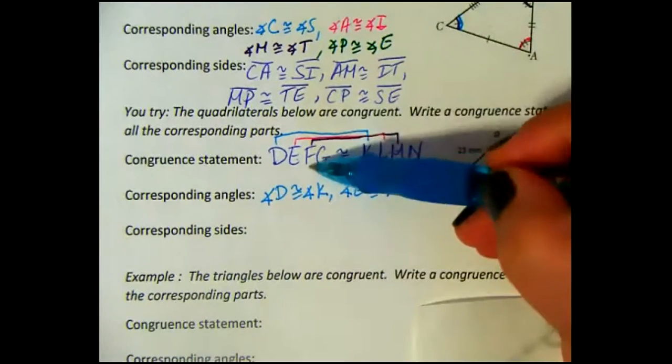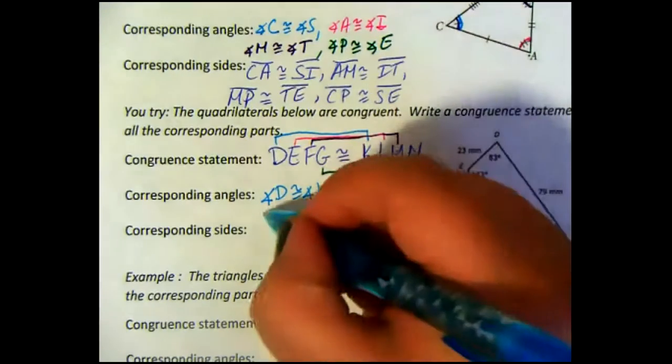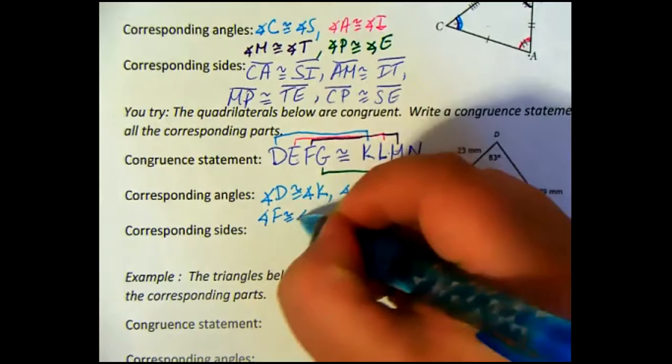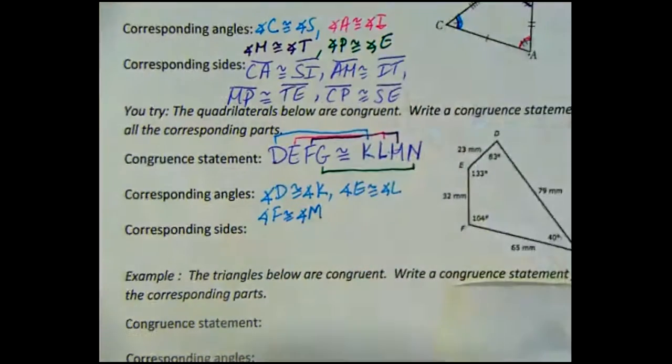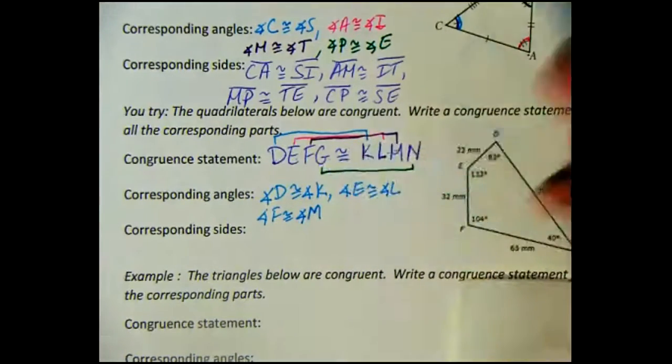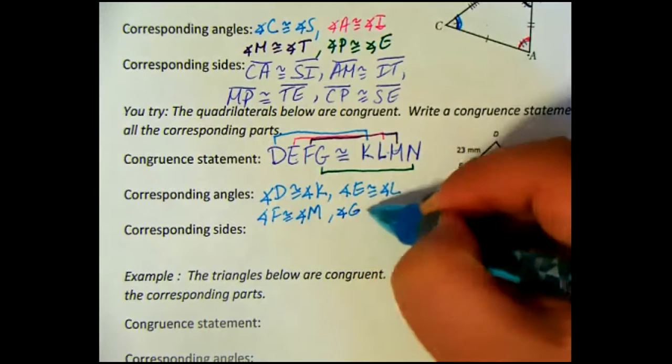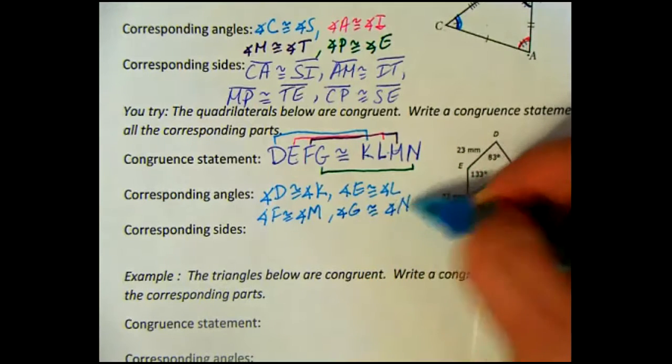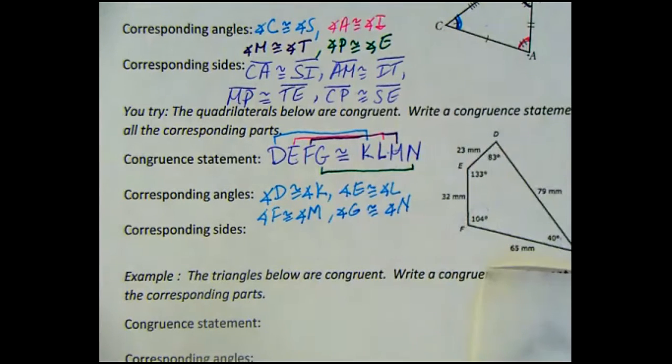Angle F is third, angle M is third, so angle F is congruent to angle M. G is last, N is last, so angle G is congruent to angle N. Okay?